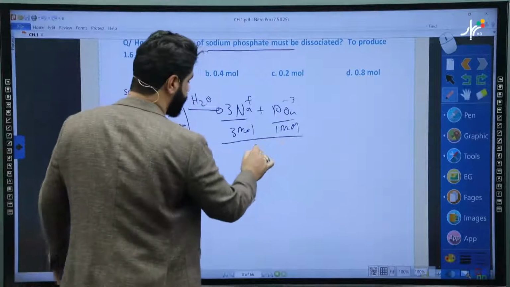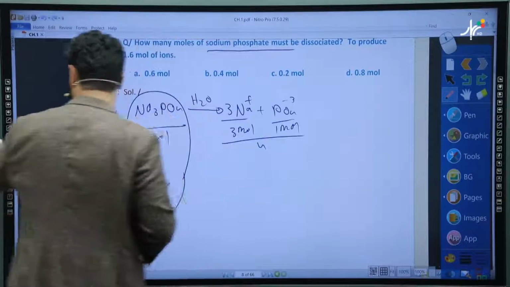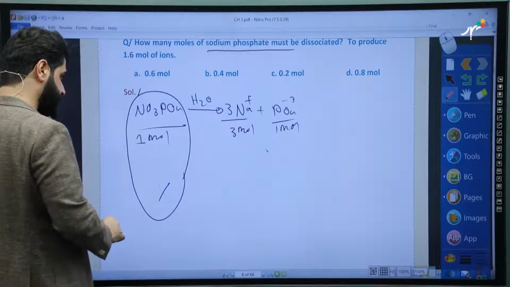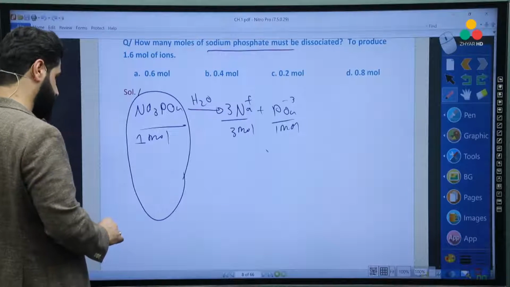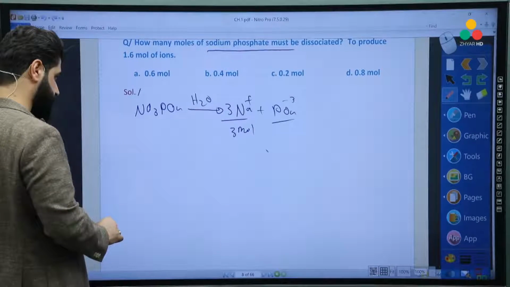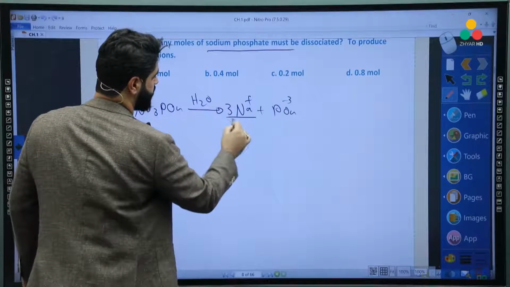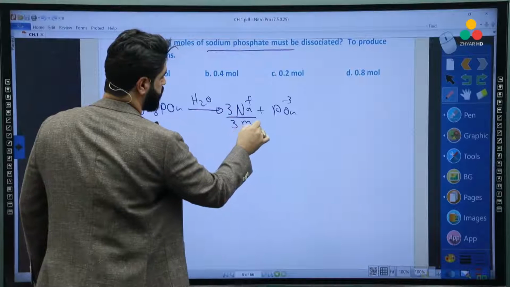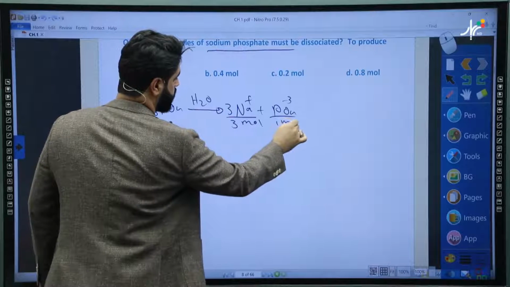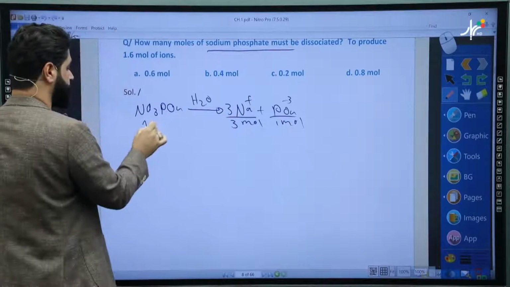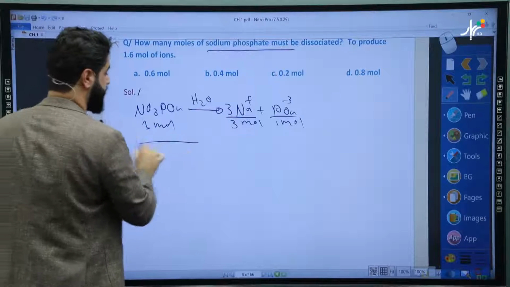The total is 4, right? So I want to make the calculation in a better way. Look. This is 3 mole. It's 1 mole for 1 mole. Right?